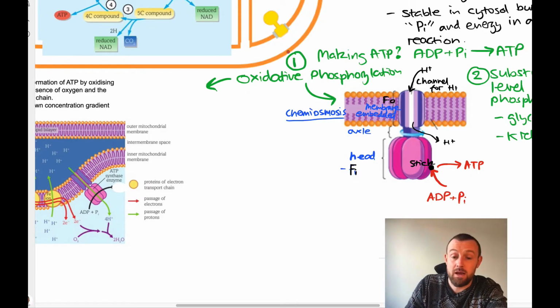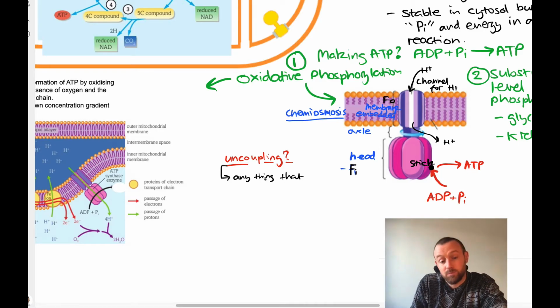So let's go back to the mind map and just make a little side note on something that has come up in a few papers, which is called uncoupling. And this is kind of more of an application question. It's not directly on the syllabus, but it has come up a few times. So uncoupling.